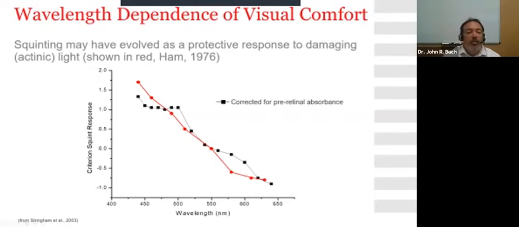Then back in 2003, Jim Stringham did a study where he looked at how much you squint in response to wavelength, and that's shown here in the black line. Obviously they correlate very well. So clearly, we squint more heavily to wavelengths of light that are more damaging. And there's that blue light hazard range again, just for reference.